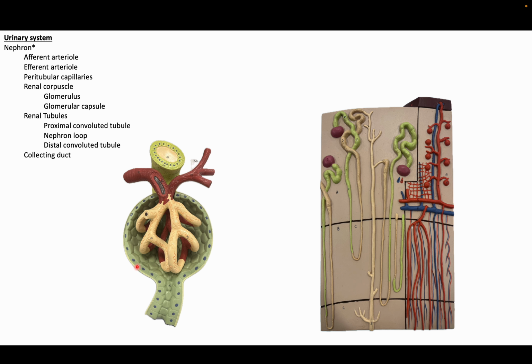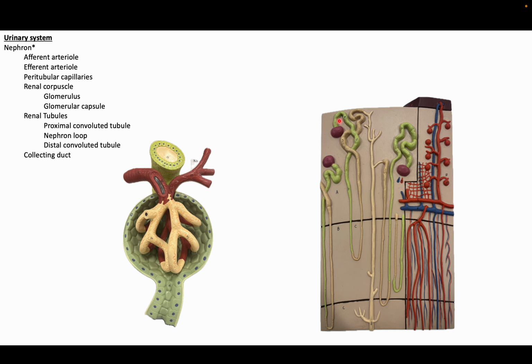All right, so now let's go ahead and move on into the actual mechanism. From the glomerulus capsule right here, we have the portion that gets filtered through. Remember, we have the filtration slits here. Anything that passes through the filtration slits will then end up in a collection of loops.